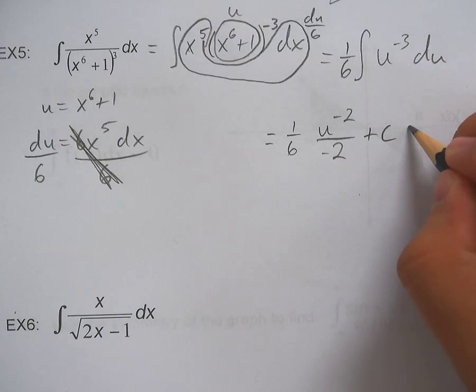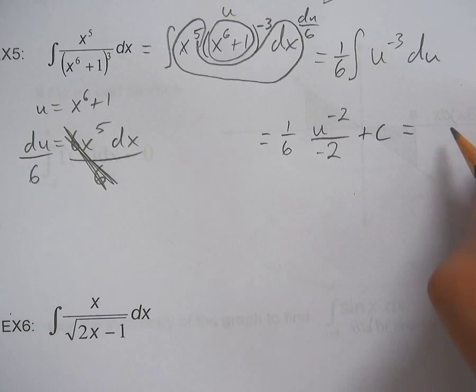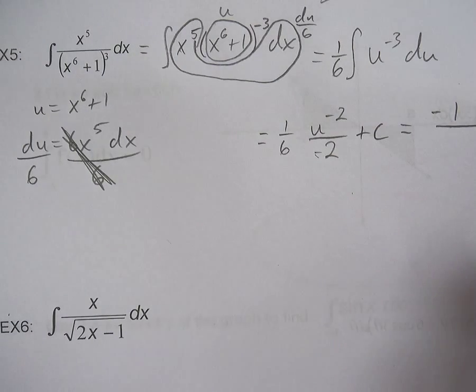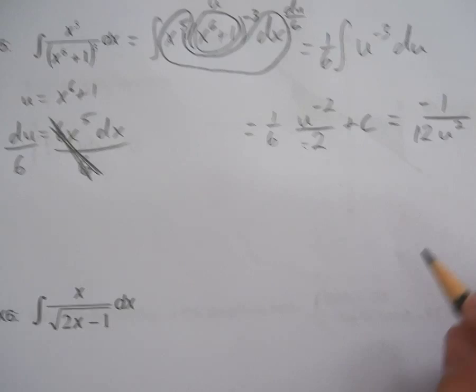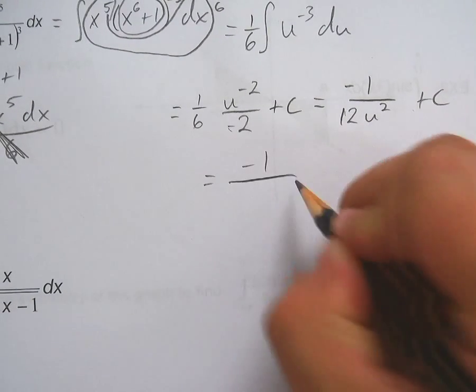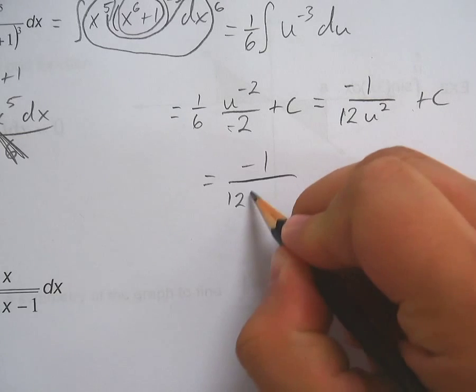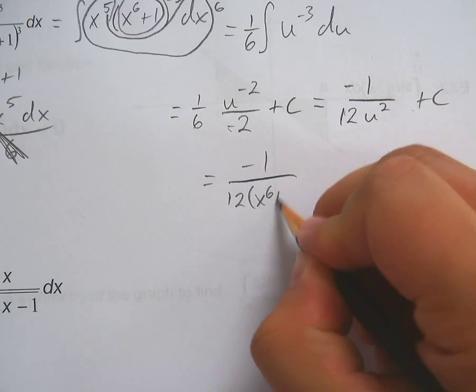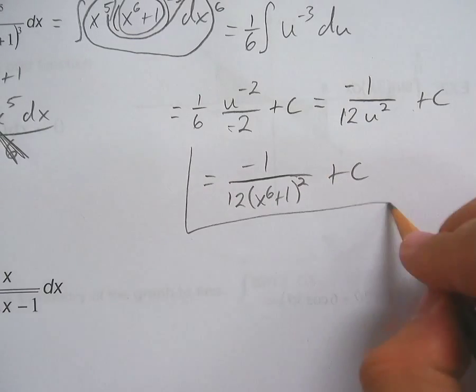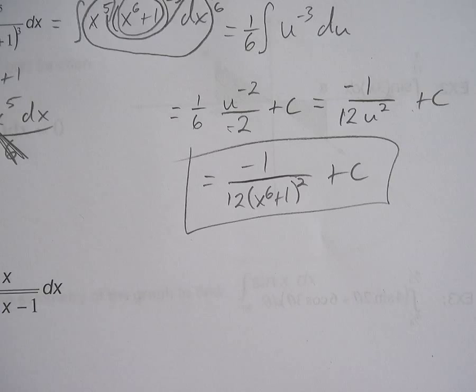And then simplifying that before I plug it in, I'll have 1 over, let's go ahead and make it a negative 1, bring that negative up. 6 and 2 is 12, so 12 u squared plus c, which is negative 1 over 12 times (x to the 6 plus 1) squared plus c. See, so the process isn't that bad once you get used to it.